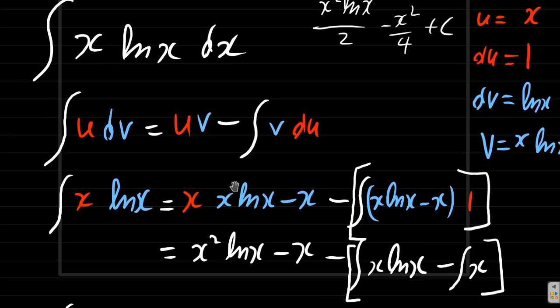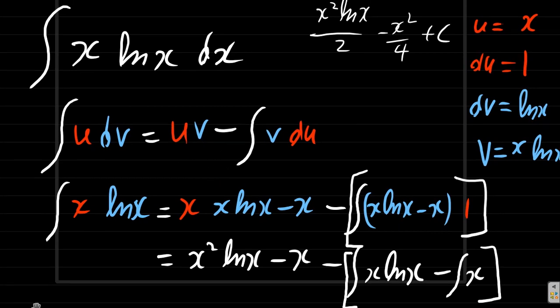I see something here. One thing was left out. u is multiplied by v. All of v is this. So the x must multiply this x and it must multiply this x as well. So this x here should have been squared. So it's x times x gives you the x squared ln x, and the x times negative x gives you this x squared.